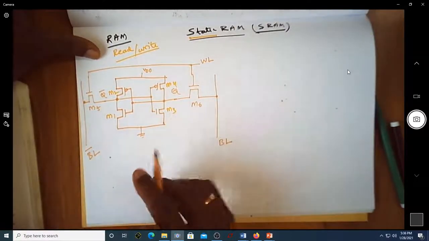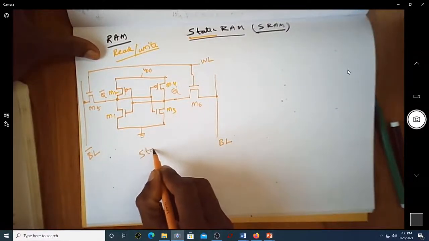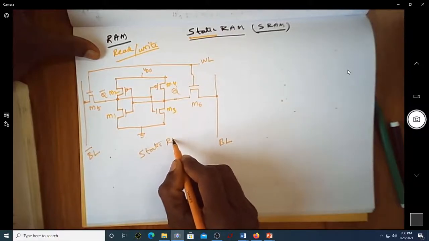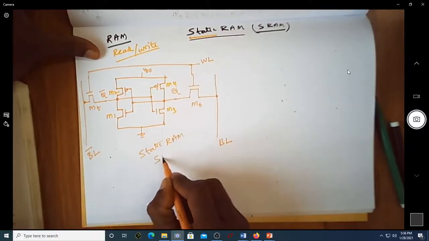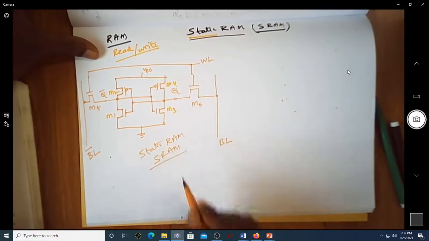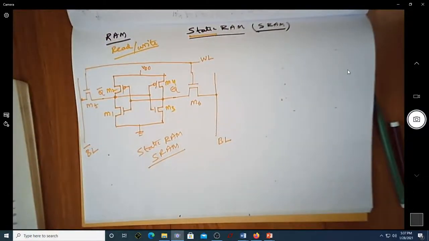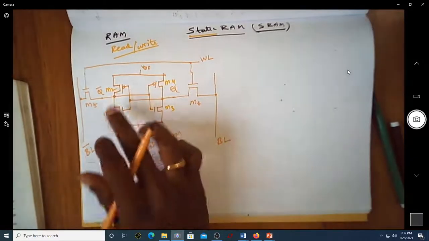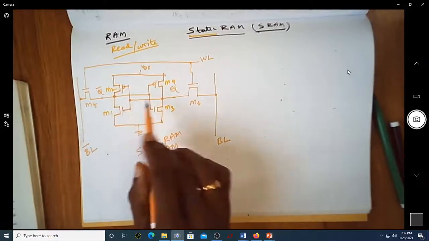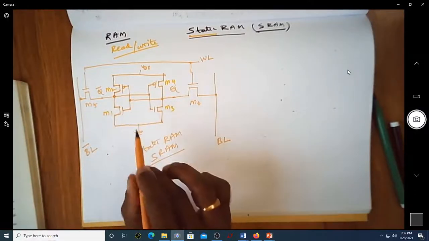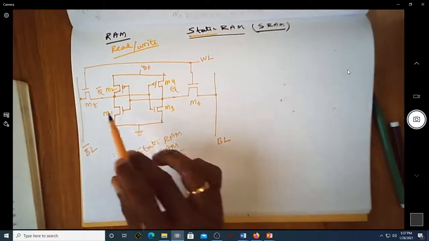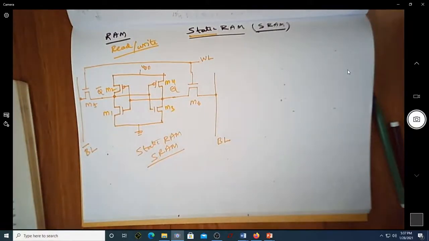Now this is a complete static RAM, which we write simply as SRAM. An SRAM consists of 6 transistors, out of which 4 are for the back-to-back inverters, and of course M5 and M6 are the pass transistors, which are N-type. So this is the circuit diagram of static RAM.